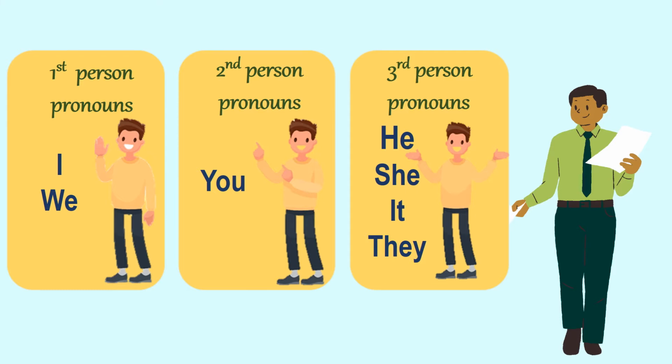The second person is you. So the second person pronoun for both the singular and the plural is you. And then comes the third person. So the third person pronouns are he, she, it for singular and they for plural.